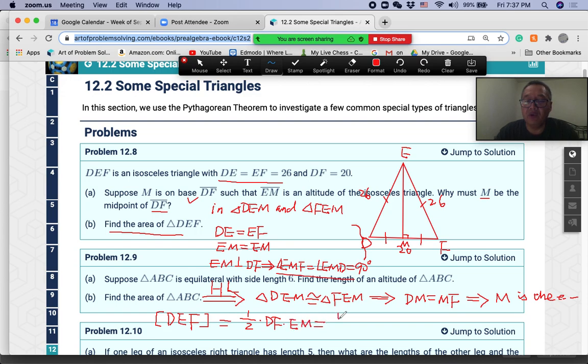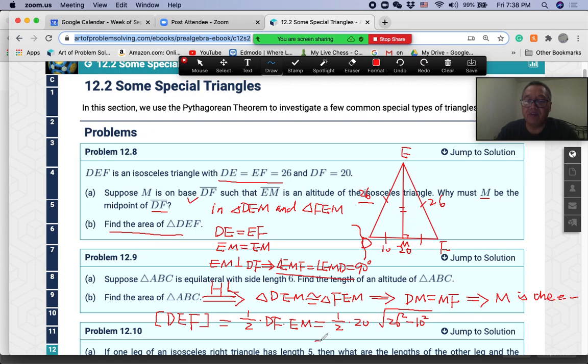We know DF, that's 20, they give us that, but we don't know EM. But this is a right triangle with hypotenuse 26, so DM equals 10 because M is the midpoint. Then we can find this altitude. It equals the square root of 26 squared minus 10 squared. This gives you the length of the altitude.